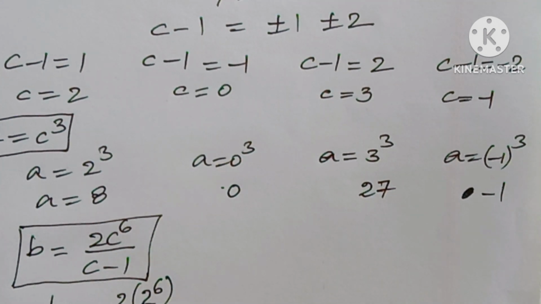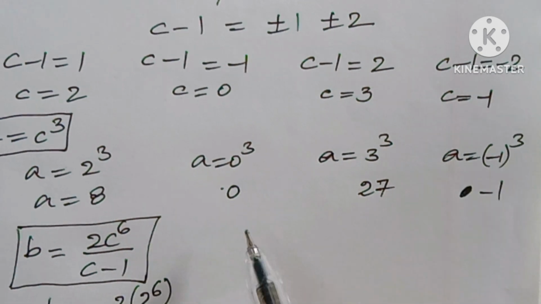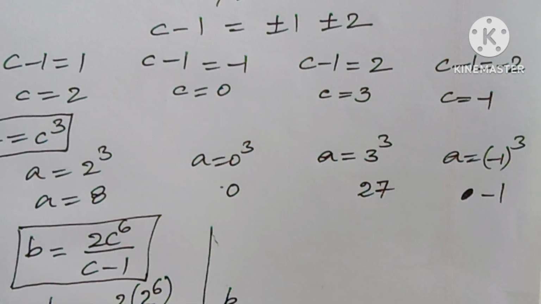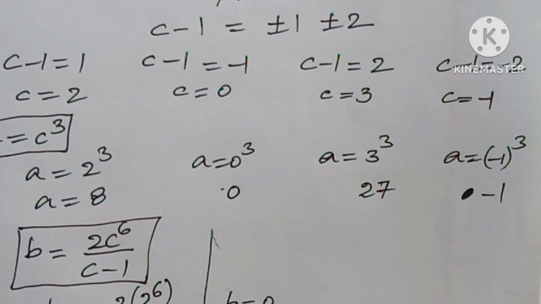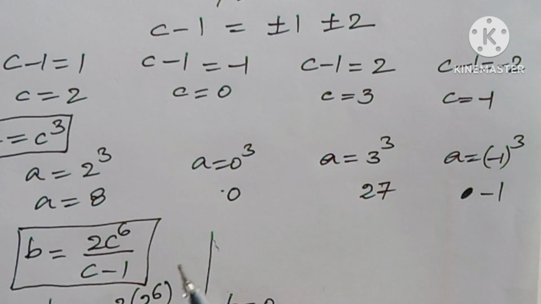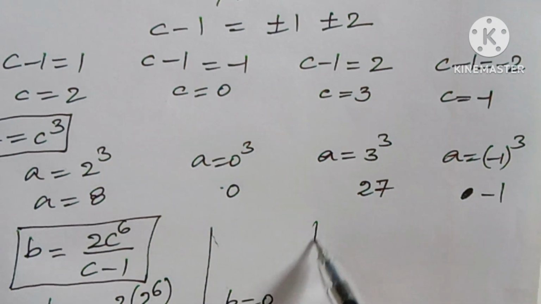So b will be 2⁷, that is 128. This is the first one. If you take the second one, b value will be 0 by anything, so 0 we will get.